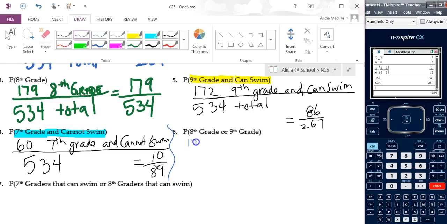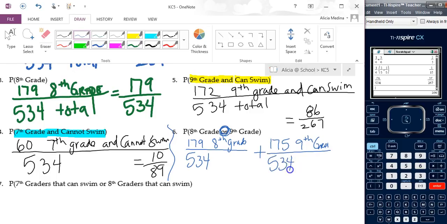I have 179 8th graders out of my total, which would be 534. This word or means add. And how many 9th graders did I have in total? That would be 175 9th graders, and that is still out of my 534 total. So when I add these two, again using your calculator, you get a simplified fraction of 59 over 89.